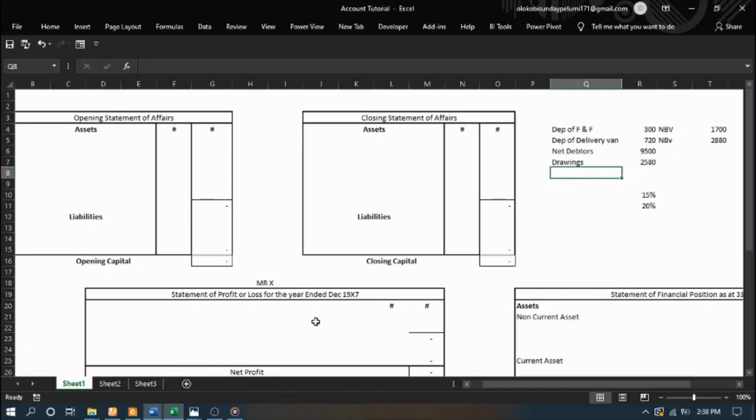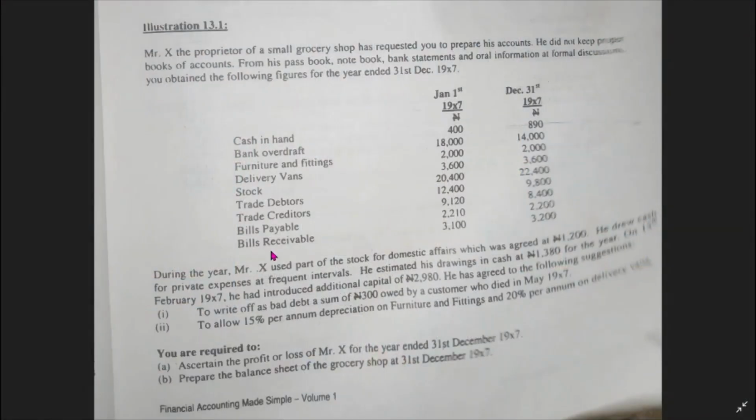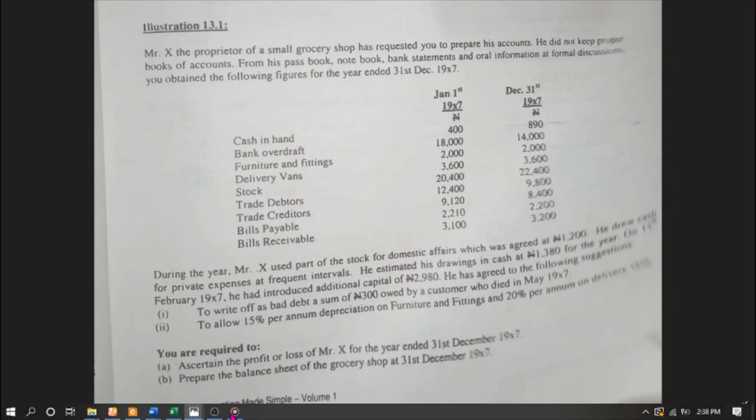So, additional capital introduced. What amount of capital did he introduce? He introduced 2,980.